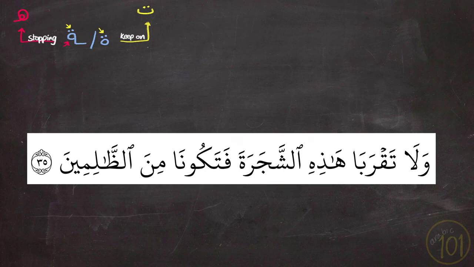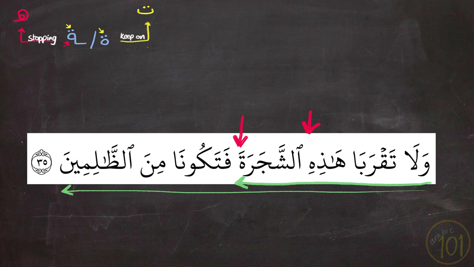So the first example. ولا تقربا هذه, ولا تقربا هذه الشجرة, ولا تقربا هذه الشجرة فتكونا من الظالمين.